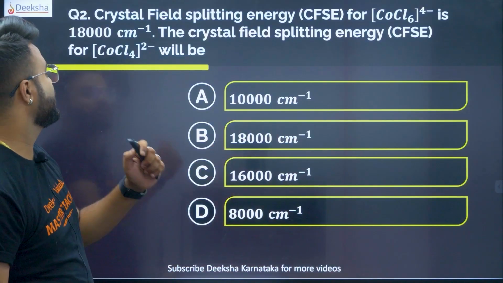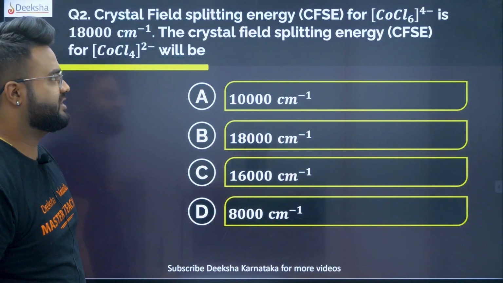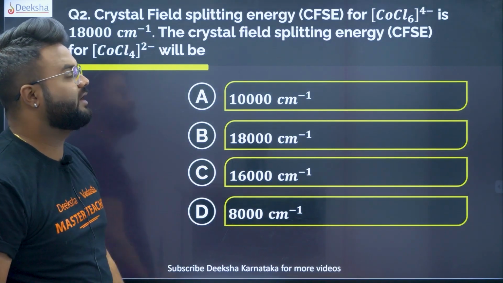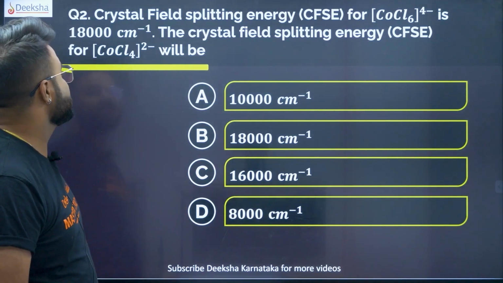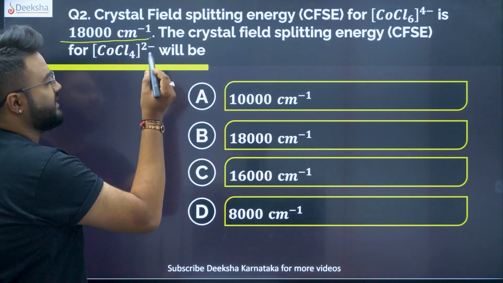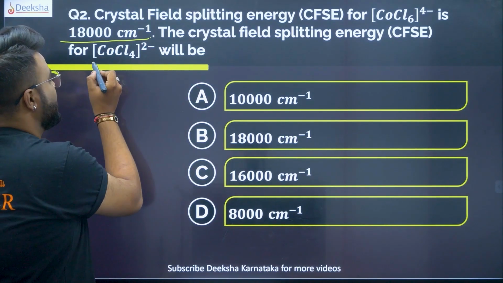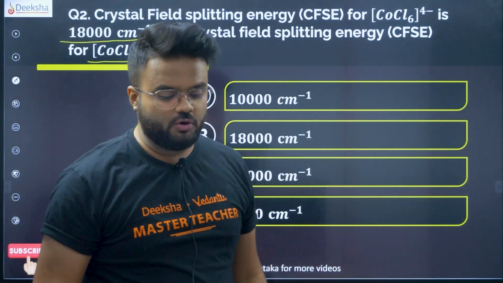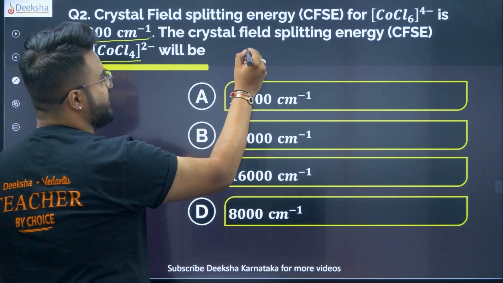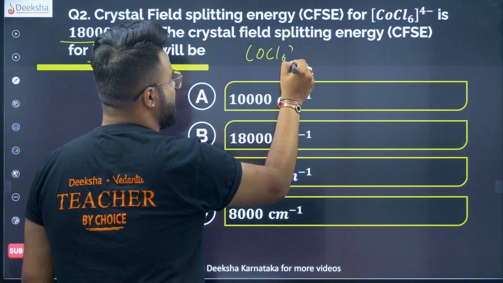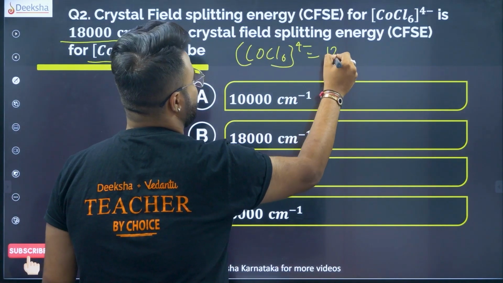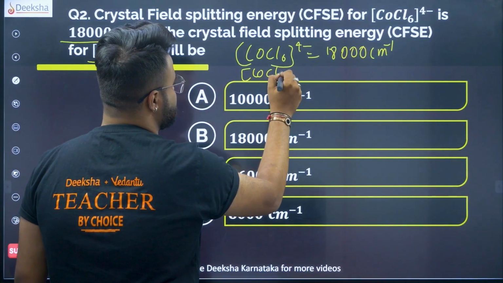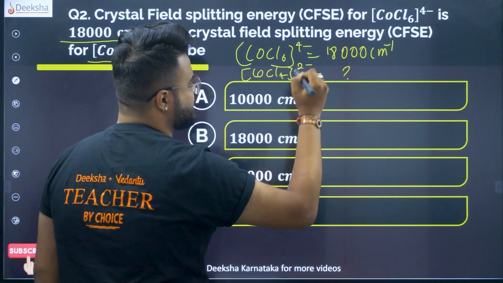Now coming back to question number 2. The crystal field splitting energy, that is CFSE, for the hexachlorocobaltate ion is 18,000 per centimeter. The CFSE for the tetrachlorocobaltate ion will be dash. For this CoCl6 4 minus, it is 18,000 per centimeter. Now they are asking about CoCl4 only.